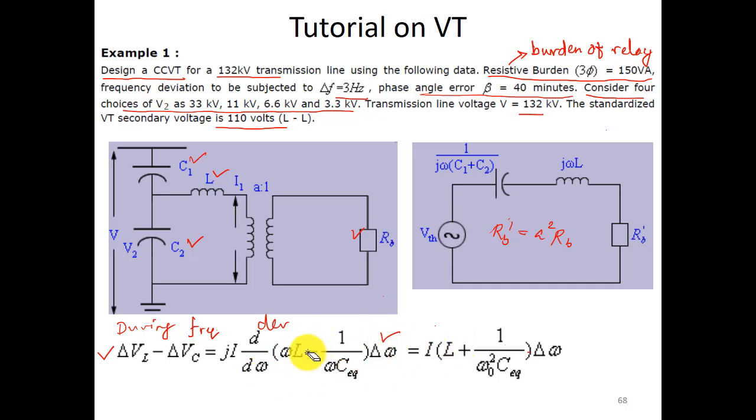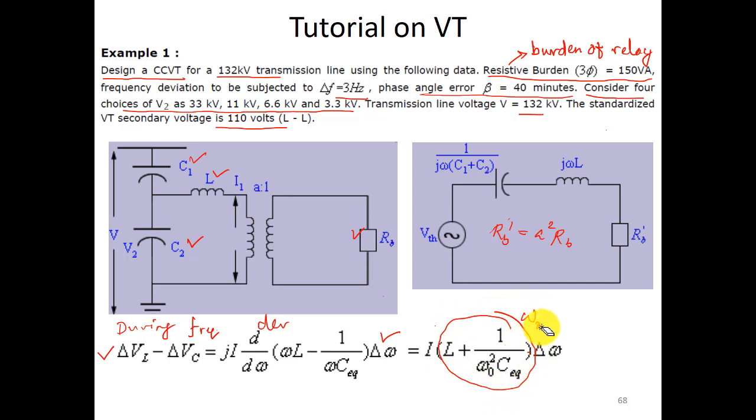So when I take derivative with respect to omega, it will become I times L. The first term, if we take derivative, it is L, and the second term will be minus of 1 by omega square C equivalent. So it will become plus here, and 1 by omega 0 square C equivalent, because we are evaluating this whole derivative term at omega 0, right?